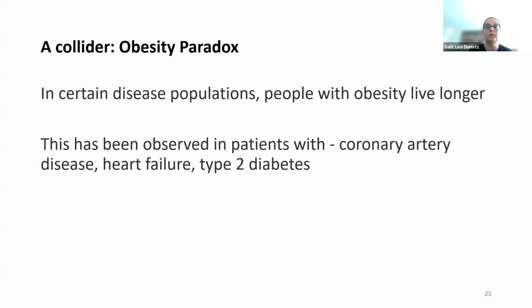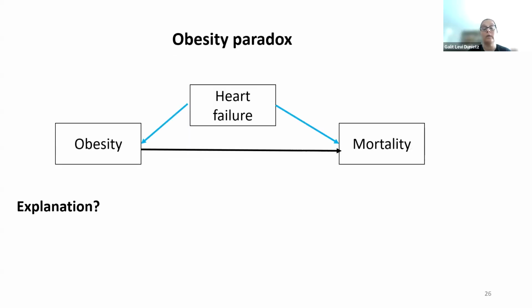You can see it all over the literature. So what does it mean? Does it mean that really people with obesity and chronic disease live longer? How can we even explain that? Is obesity protective of mortality in the presence of another disease?